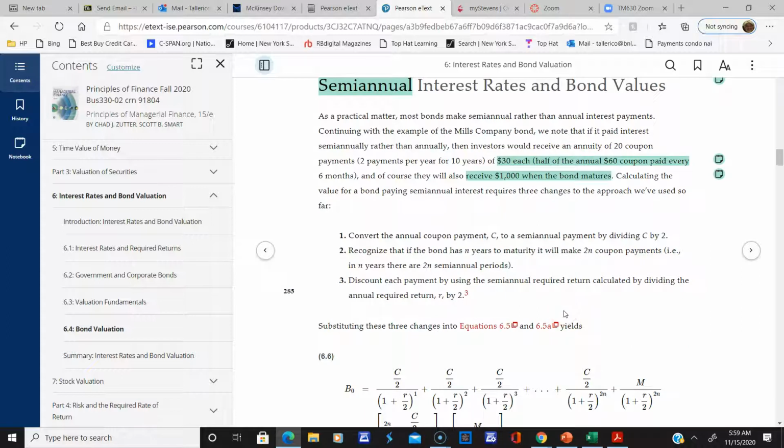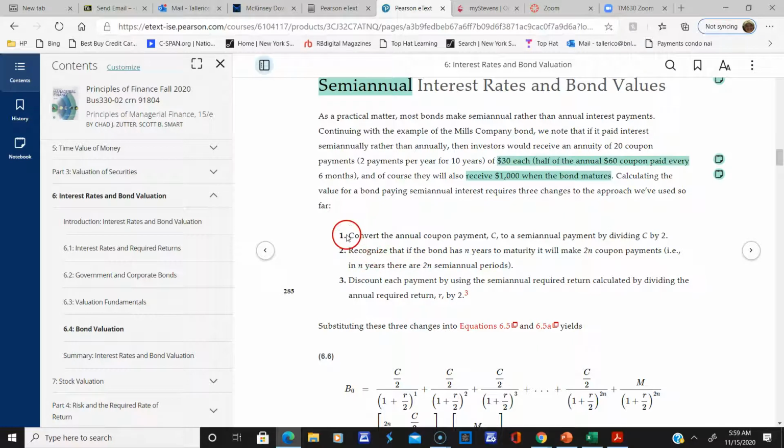So there's a couple steps we have to go through. And again, Microsoft Excel will make all this very, very simple. We convert the annual coupon payment to a semi-annual payment, so you can see we divide the coupon payment by 2. And then we recognize that if the bond has N years to maturity, it will make 2N coupon payments in N years.